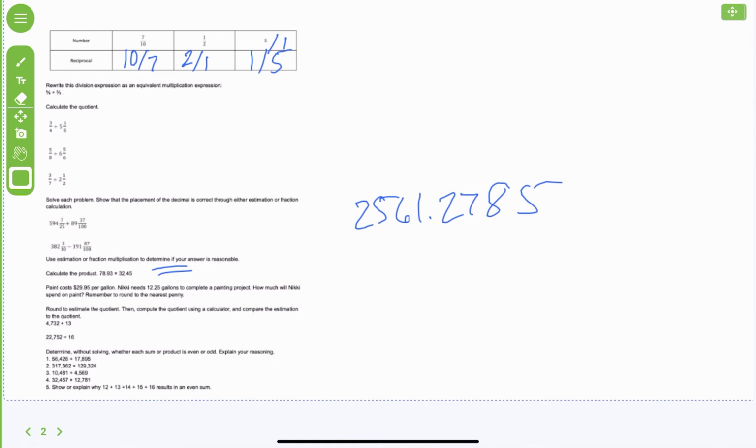Why? Because this says round to the nearest penny. Yes, if you were to multiply that all out, there's 4 decimal places. But in your answer, you should only have 2. You should round it to the nearest penny. Okay?